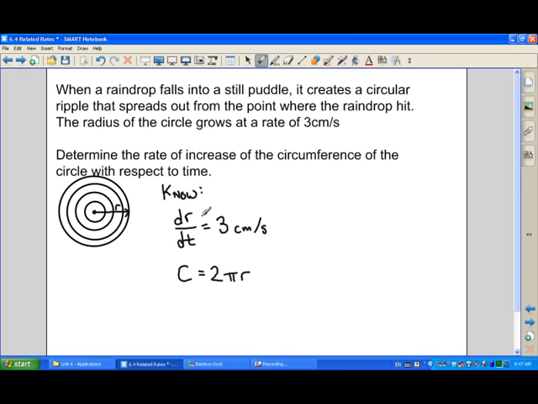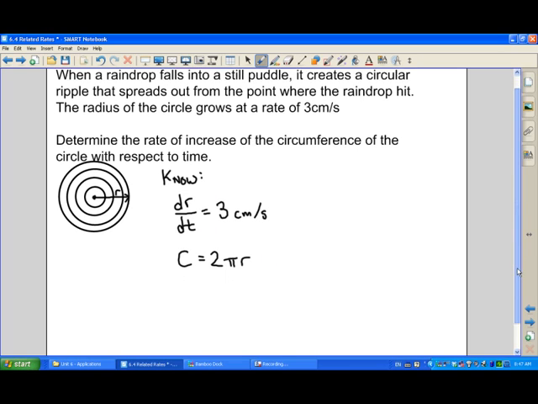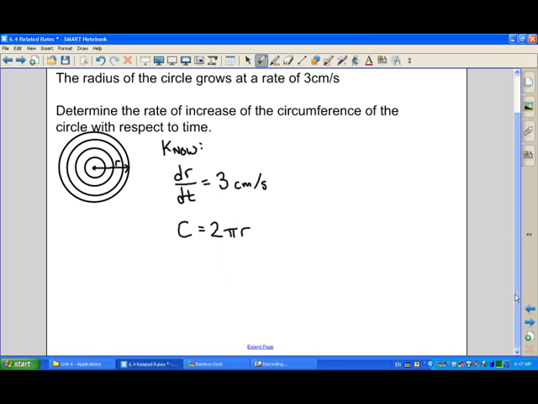We're dealing with time here. So if I find the derivative of my equation for circumference, I'm going to do it with respect to time. So the change in circumference with respect to time, dC by dt, is equal to 2 pi times the change in radius with respect to time. So this is everything that I know from the question.